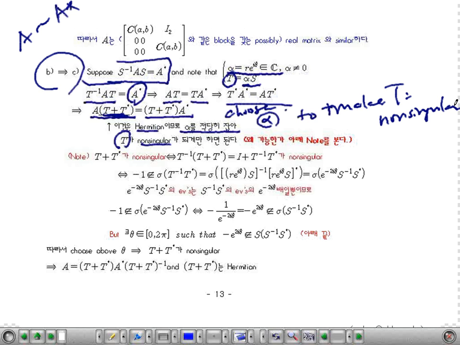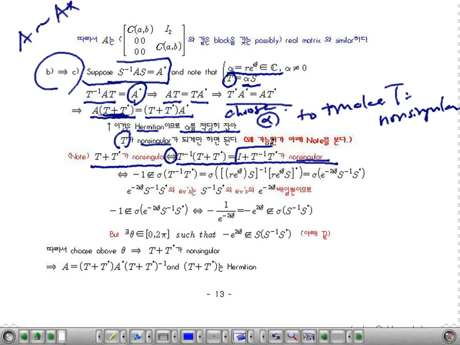This is possible because T plus T star is non-singular if and only if, after multiplying by T inverse, I plus T inverse T star is non-singular. This is an if and only if statement. If it's non-singular, then this is non-singular.